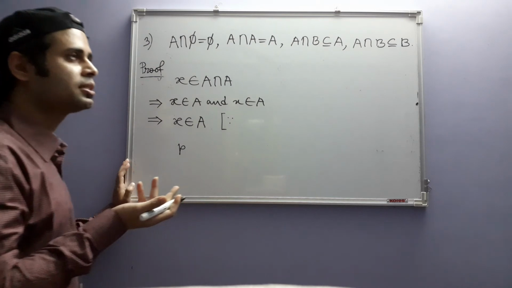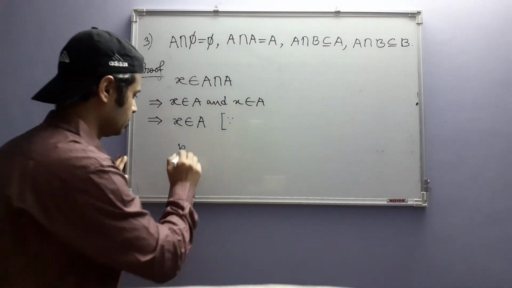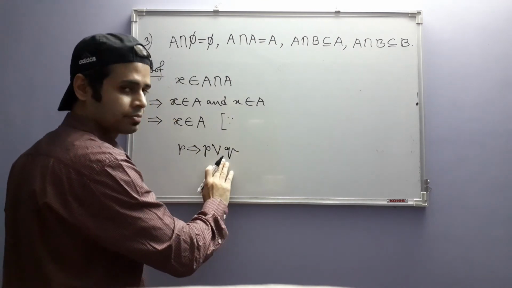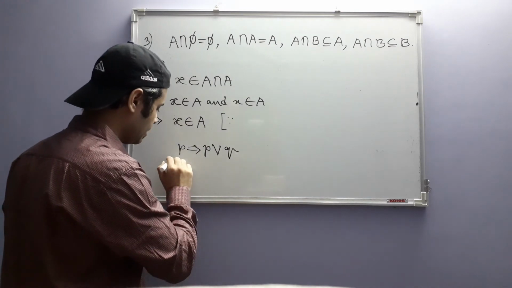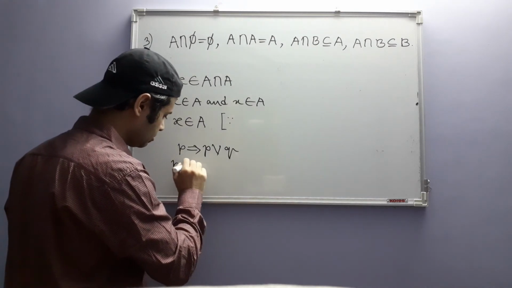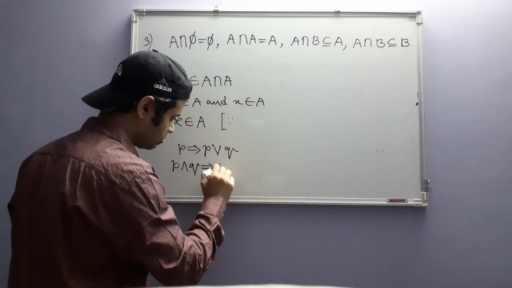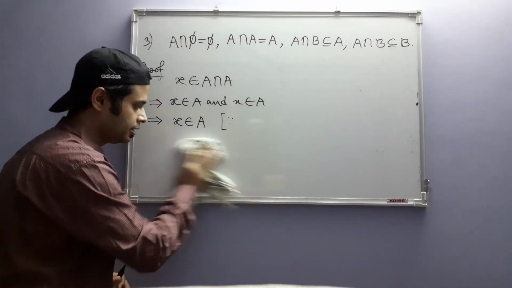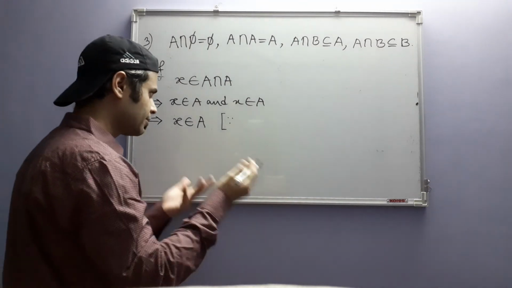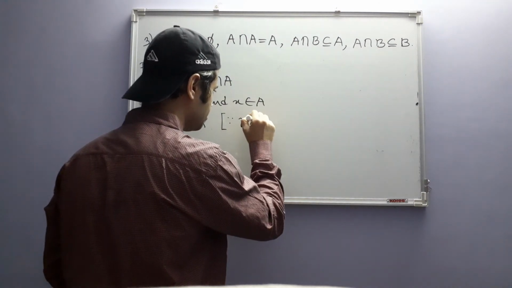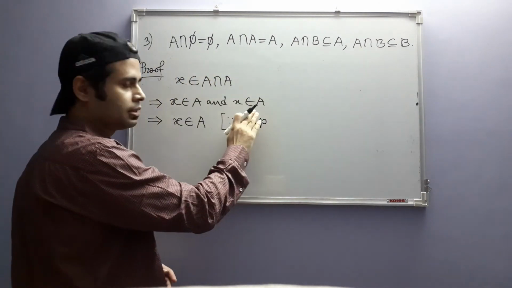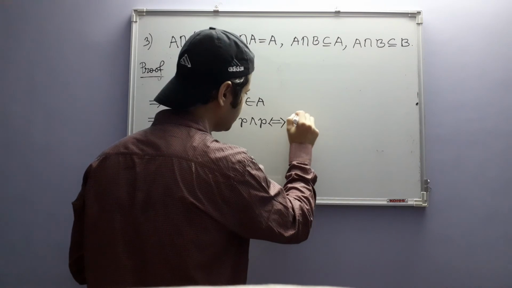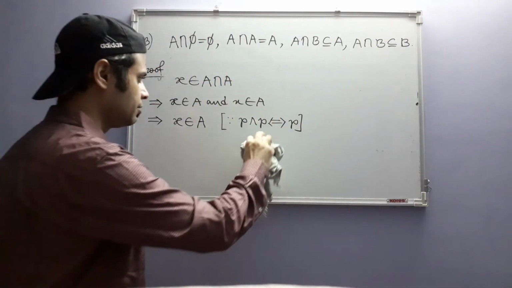I mean, what appears in law of addition? Conjunction or disjunction? P implies P or Q, yes. Disjunction. And in law of simplification, conjunction appears. But these are not the laws that we need here. Here we have that idempotence, P and P, because both the statements are the same here. Actually this is equivalent to P, but at this point we need only one.